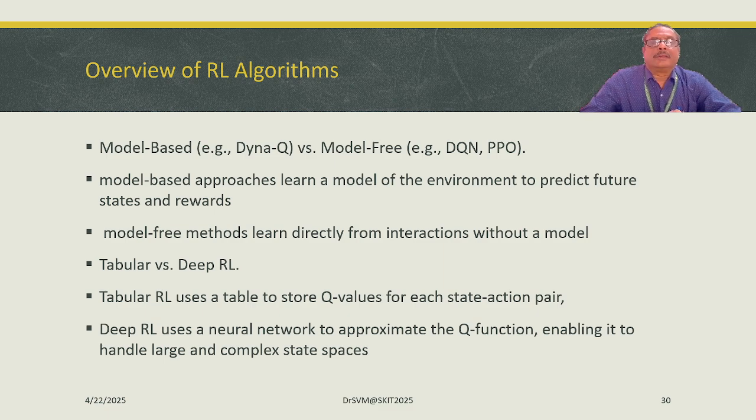But that is not easily possible with the tabular method, because for every possible thing, entries should be put in the table, and that becomes an exhaustive table, and hence not feasible when we have a huge state space. So when it's a huge state space, the neural network version is preferred compared to the tabular one.